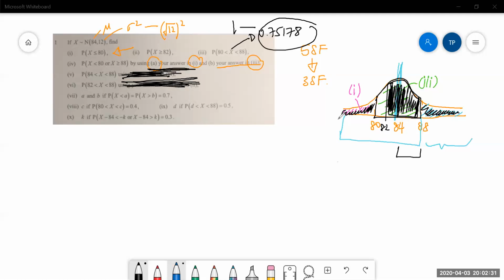Correct. That's exactly how you should do it. Don't get confined by all these instructions here, because during A levels they will not have these instructions over here. Okay, next.